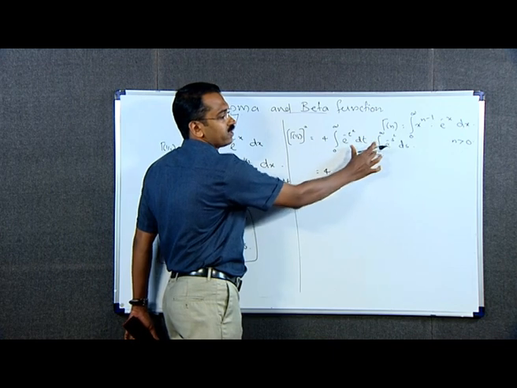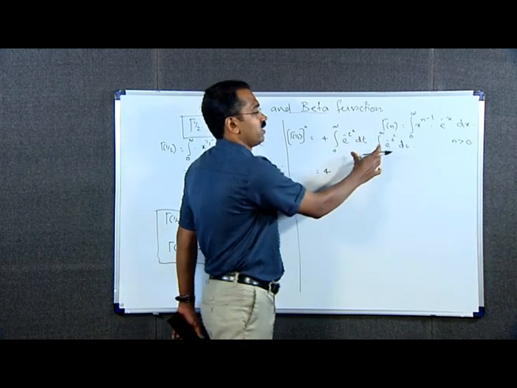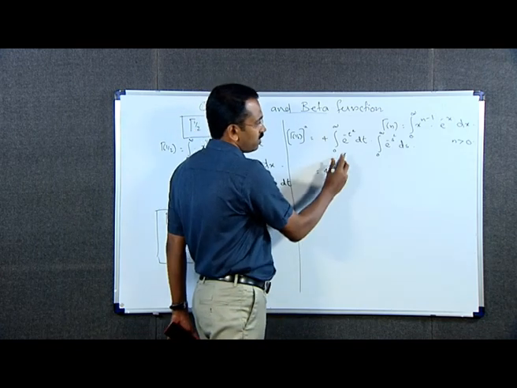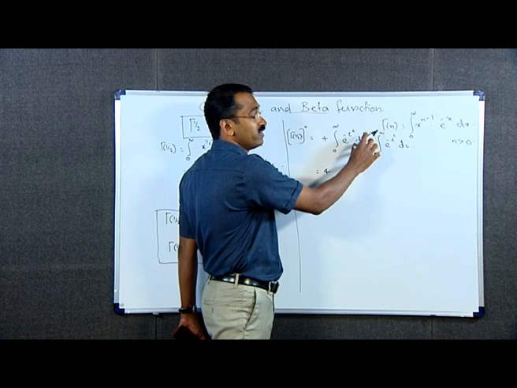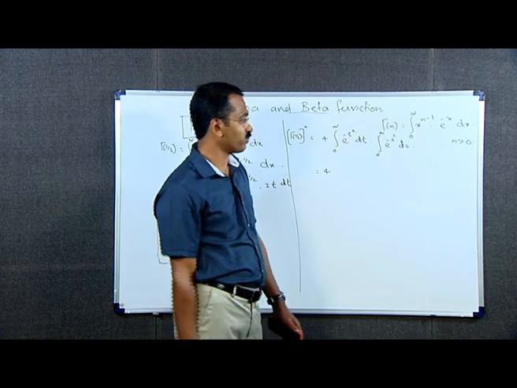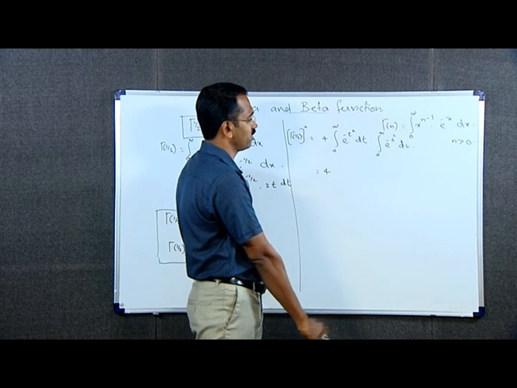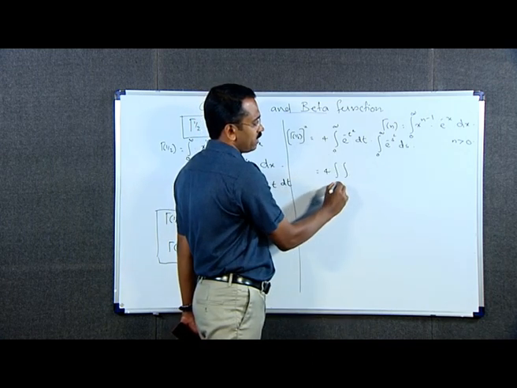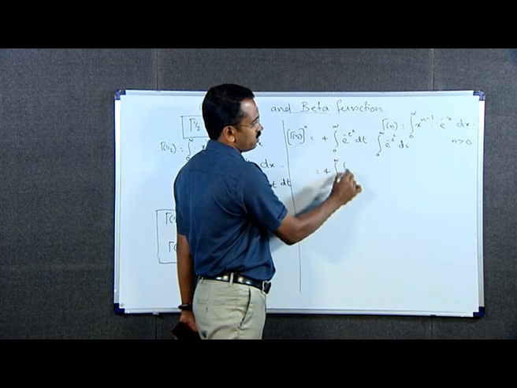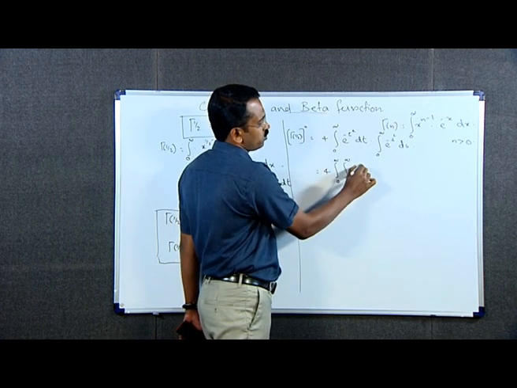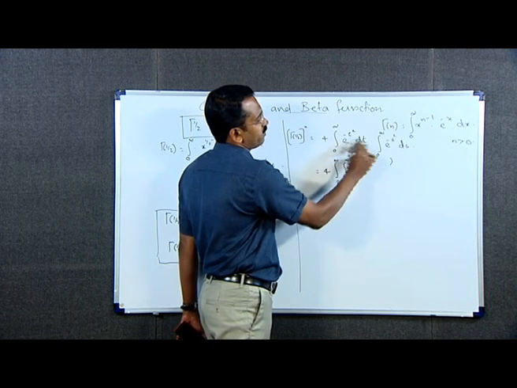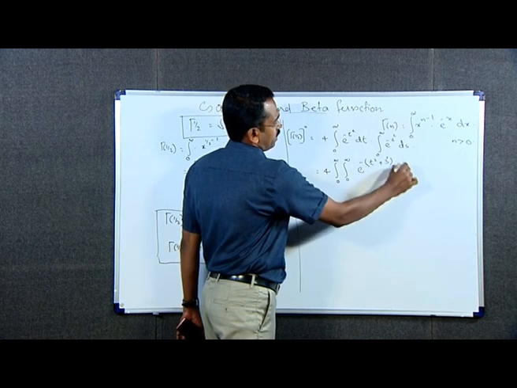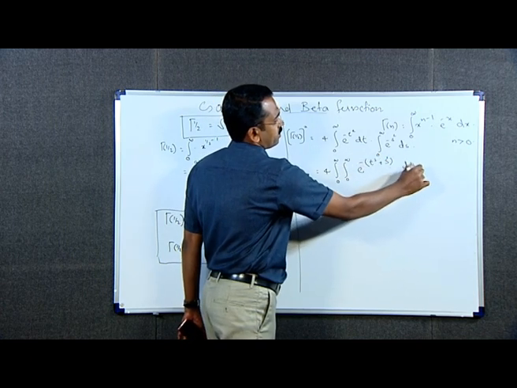We can express this product of these two definite integrals as a double integral, because the limits are the same for the two integrals. We get this is equal to 4 into double integral from 0 to infinity e raised to minus of t square plus s square dt ds.